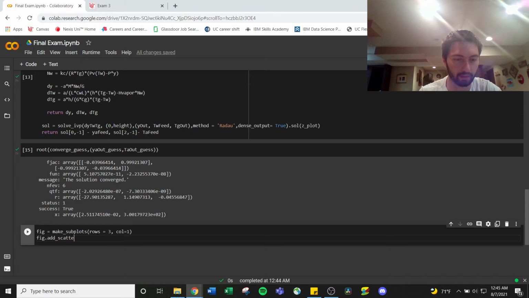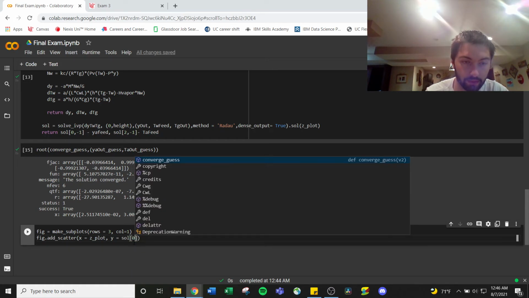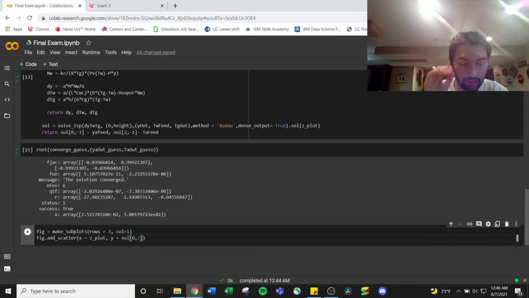Trying to remember, I think it's underscore add scatter. We want x to be equal to z plot, yep, there it is. Y should be equal to, so we want this to be the first element in our sol array. And then we want all the values since we're graphing it as it changes.